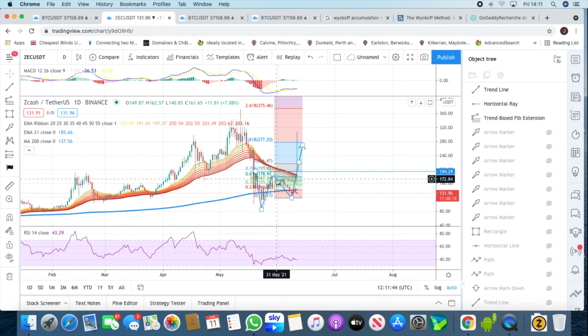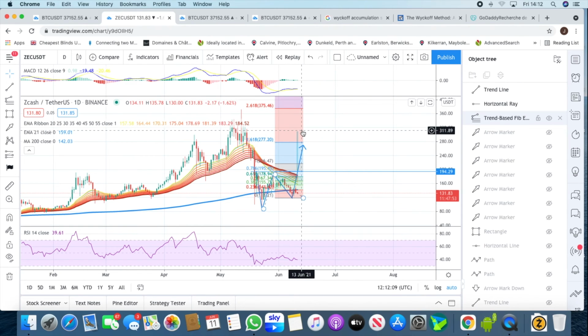Now I think maybe the reason we get a discrepancy between this and this target is that on the lower time frames, the 4 hour, let's say, or the 1 hour, the Fibonacci trend-based extension will give different targets. It will give us a target, and the bots will take a target according to the trend on the lower time frames. I'll leave that one up there.